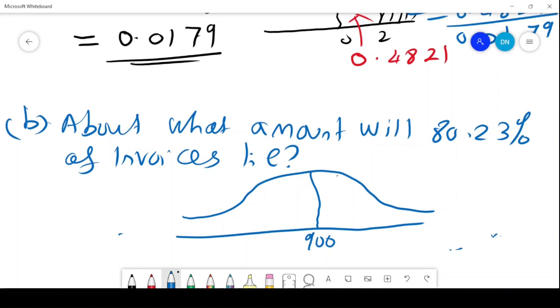So we want to find out where will this be. So we want to find out this amount. That's the question. 80%. Where will they lie? The few others will lie on either side, but where will they be? So that's the question we want to be able to answer.